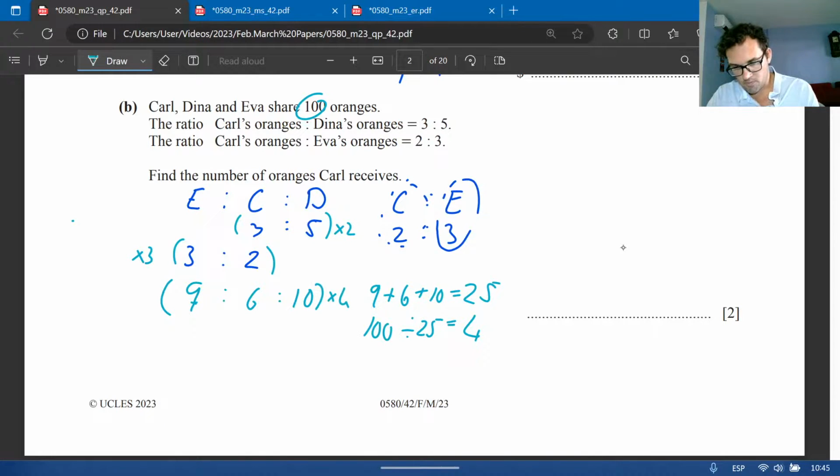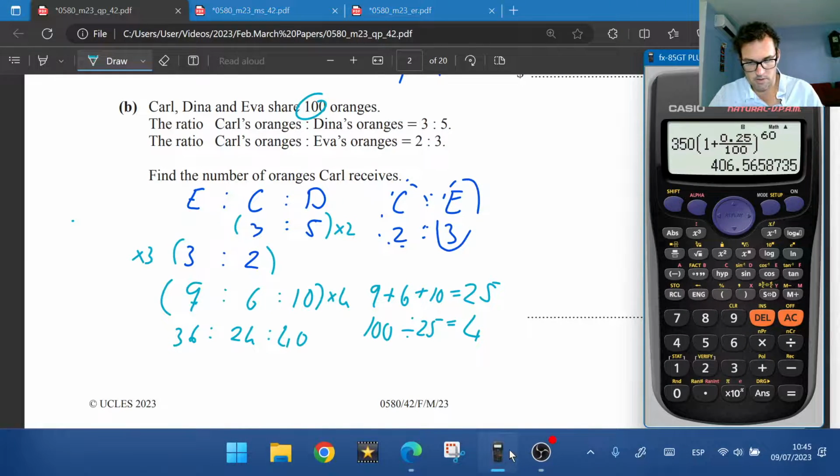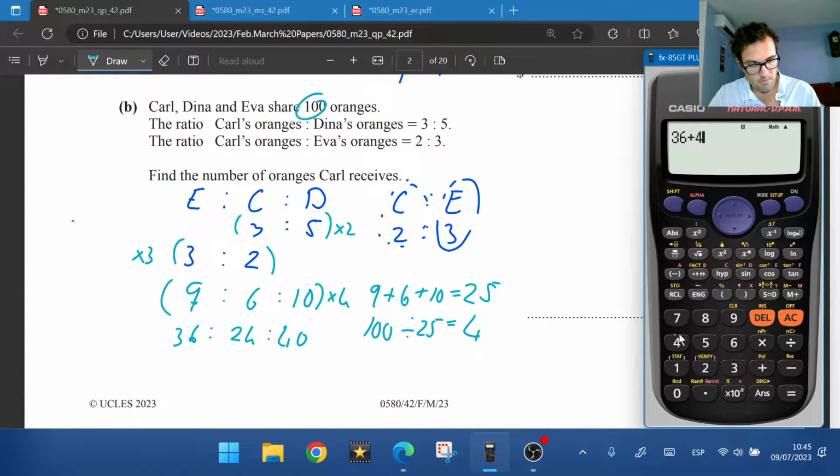So 9 times 4 is 36. 6 times 4 is 24. 10 times 4 is 40. That should add up to 100, doesn't it? 36 plus 24 plus 40 is 100 oranges, and the ratios are all intact.